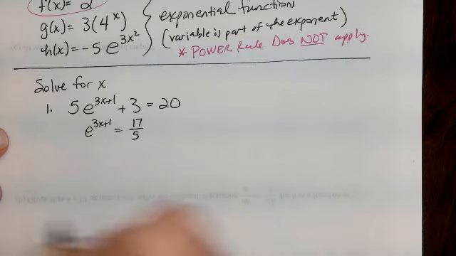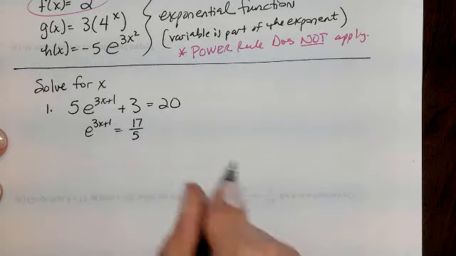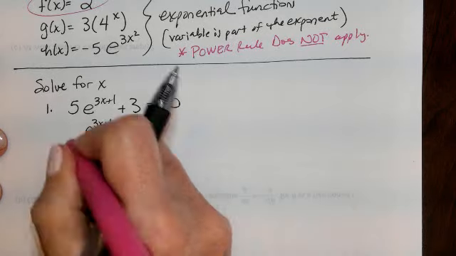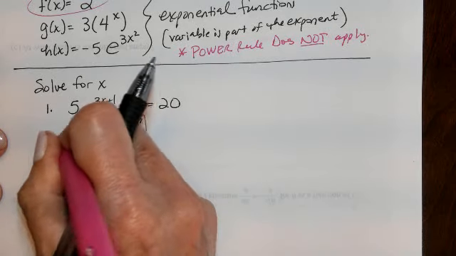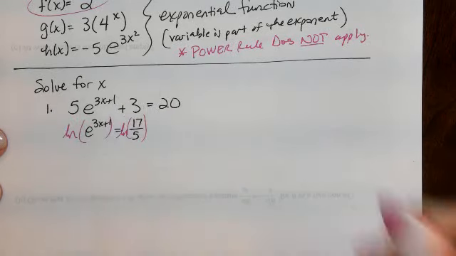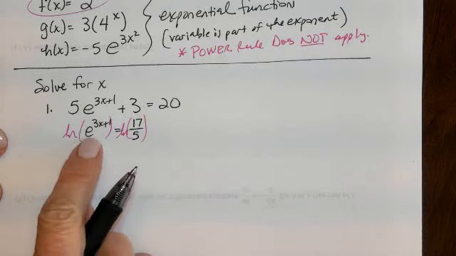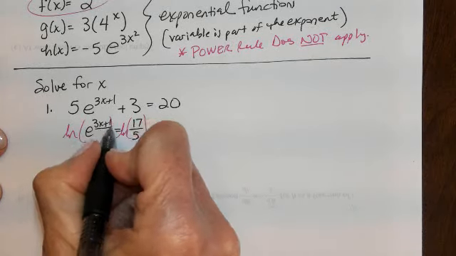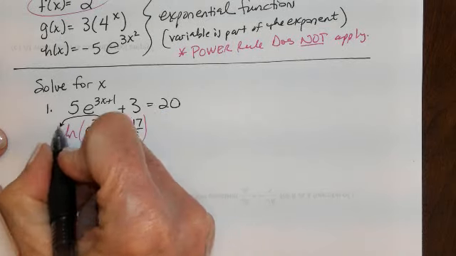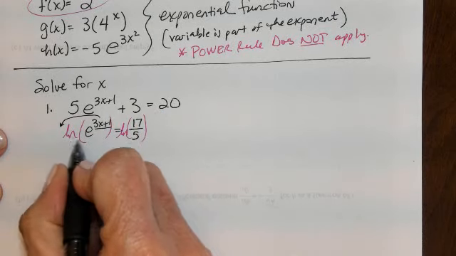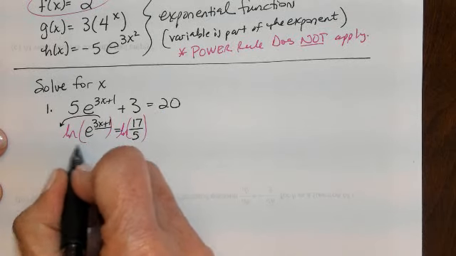So isolate your exponential function and then ln both sides. What happens when you ln this? Well, the exponent we can pull out to the coefficient, and then you have ln of e, and ln of e is just 1.